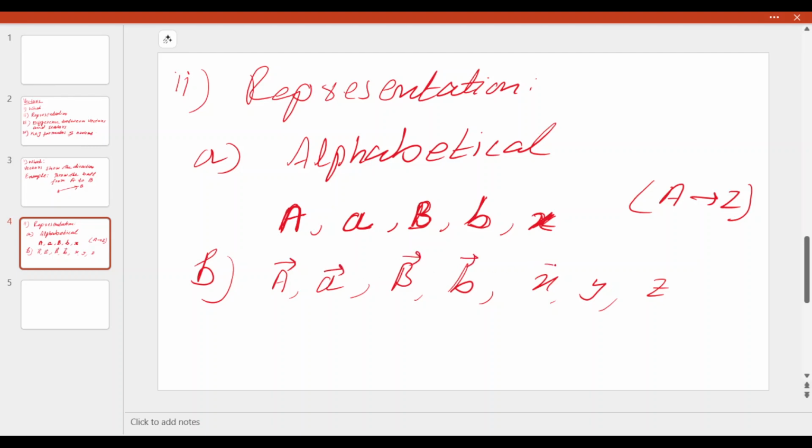That is very convenient, very easiest method. So from now onward we will use this method. This is universal and convenient method. So this is the representation of a vector.